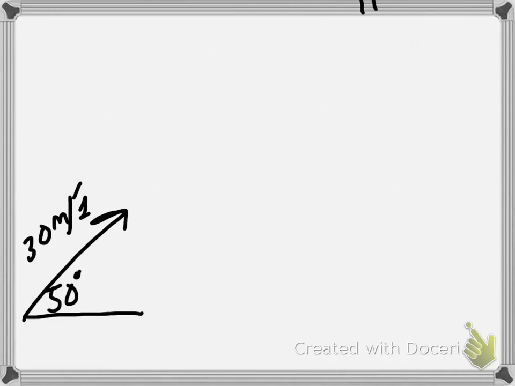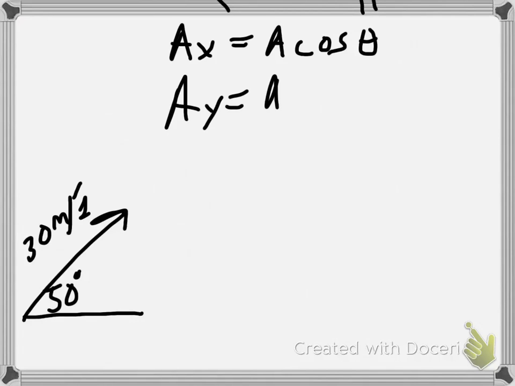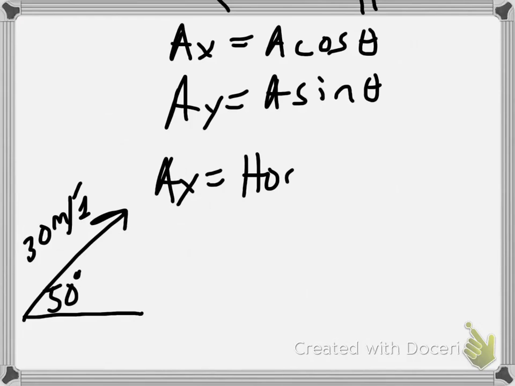The very first thing you do is break it up into components using these equations here. AX equals A cosine theta. AY equals A sine theta. That tells us AX would be our horizontal velocity, and AY would be our vertical velocity.